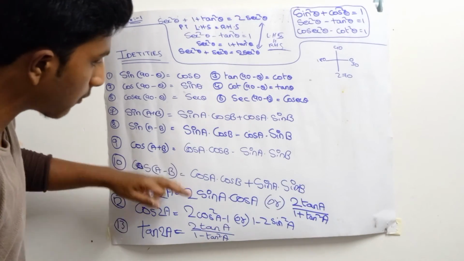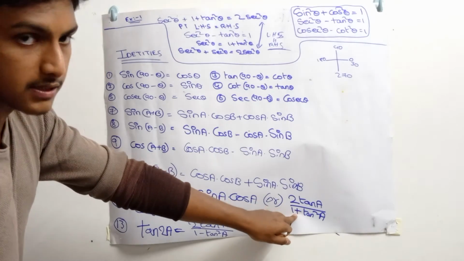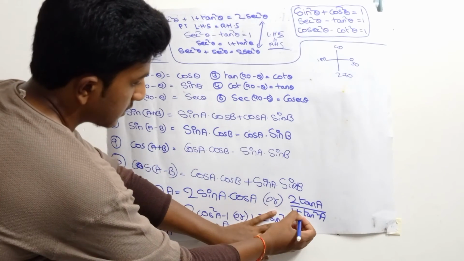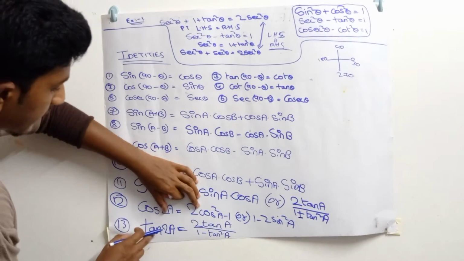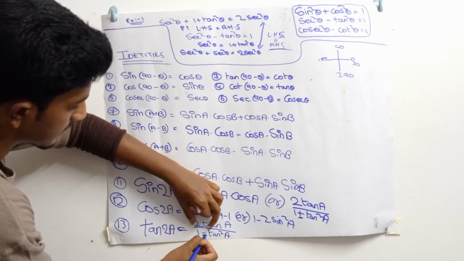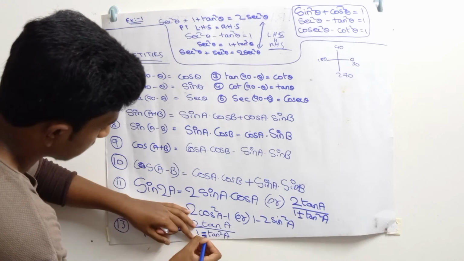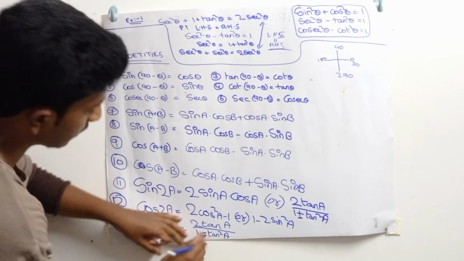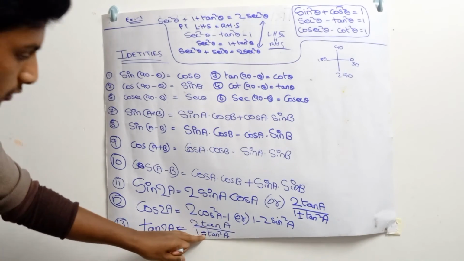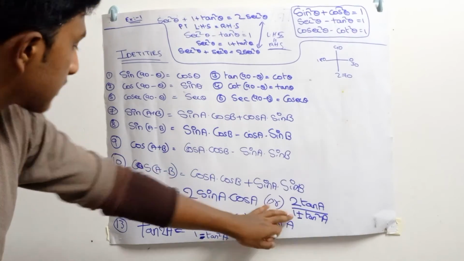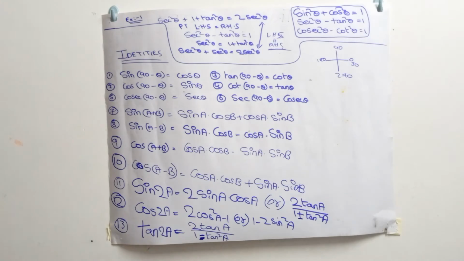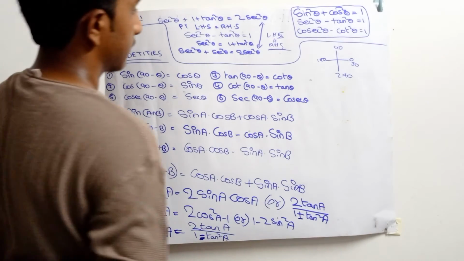When we are considering sin 2A, we use the sign plus. Please note that point. When we are going for tan 2A, we use the sign minus. This is minus. We have to use plus for sin 2A and minus for tan 2A. This is the 13th formula.